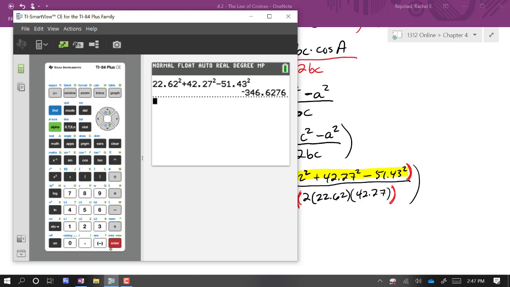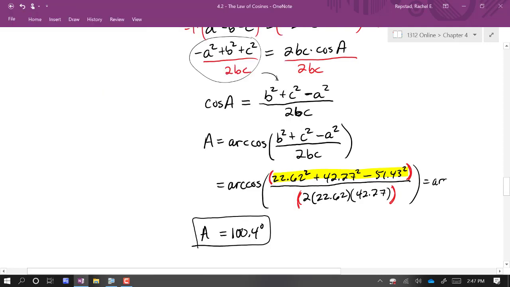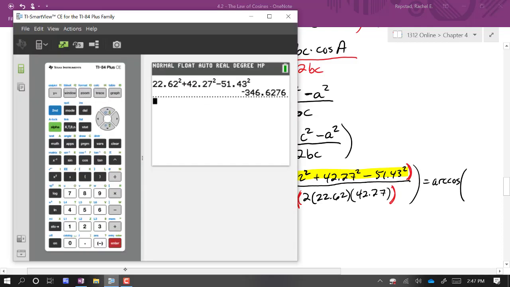So that's negative 346.6276. And I would not round that much. In fact, I'm going to use all the digits there. Negative 346.6276.